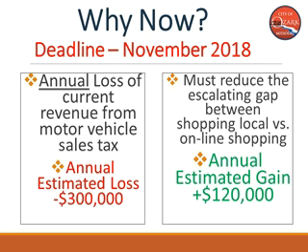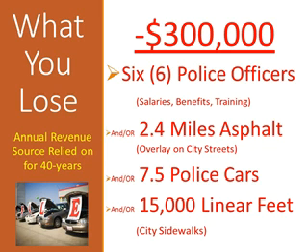Well, what does that really mean? Let's first look at the amount that we stand to lose. The amount that we would stand to lose on an annual basis would be equivalent to 6 police officers, or 2.4 miles of asphalt, or 7.5 police cars, or 15,000 linear feet of city sidewalk.